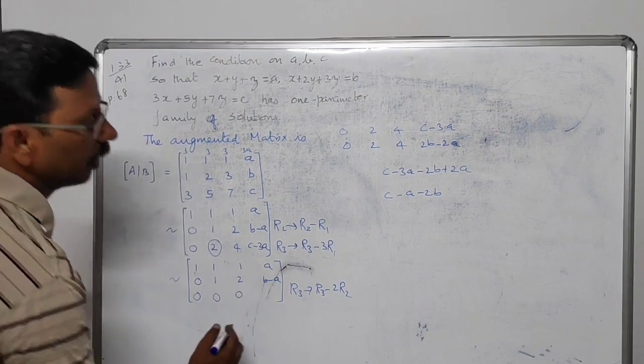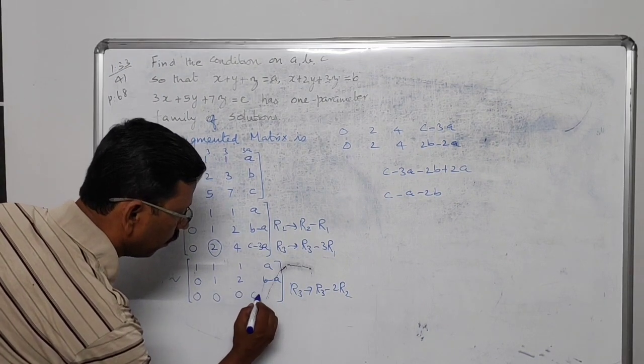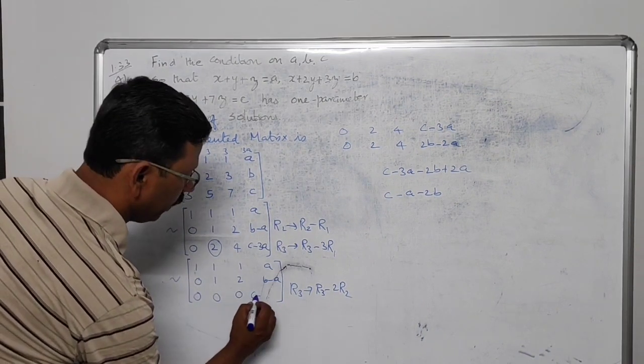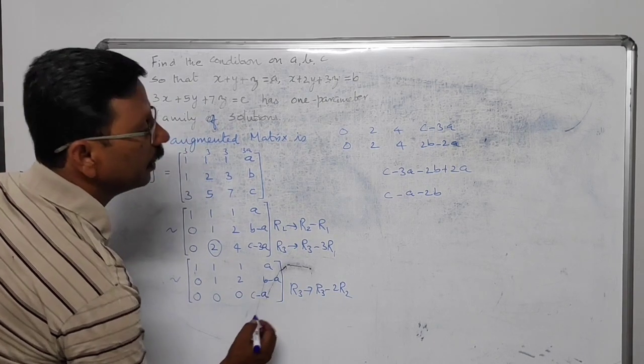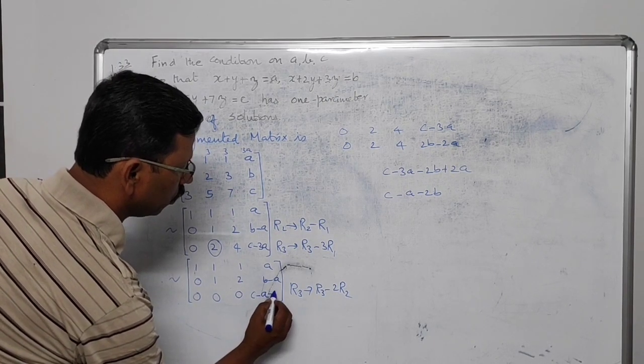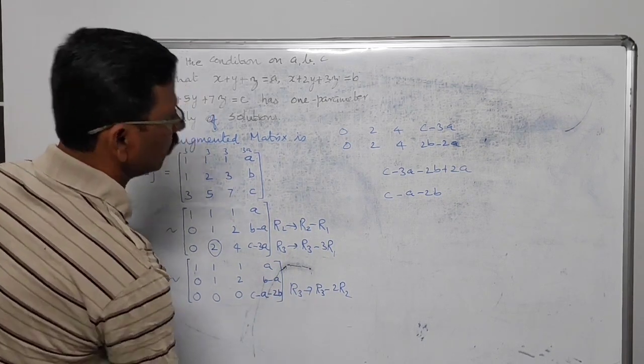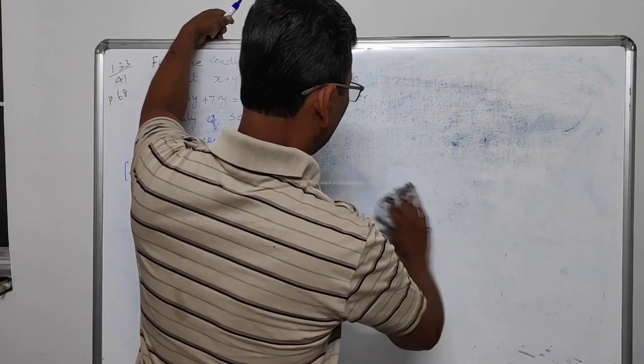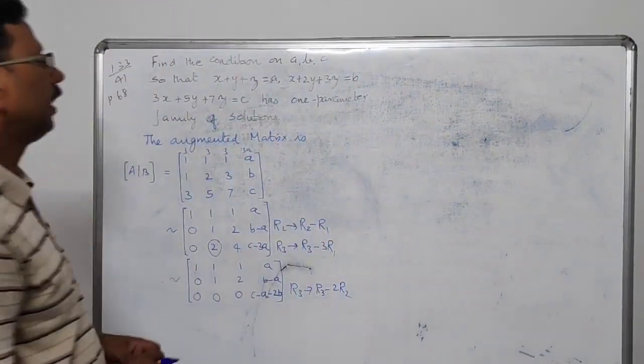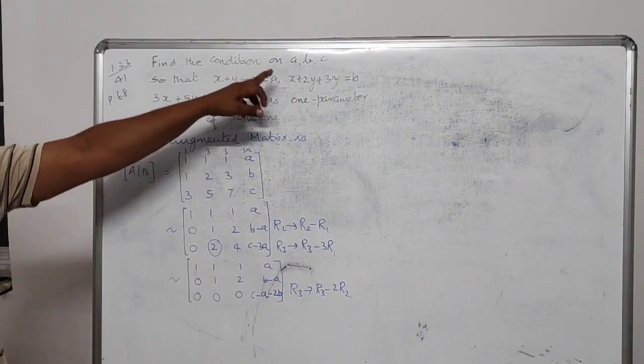The last entry will be C minus A minus 2B. Okay.